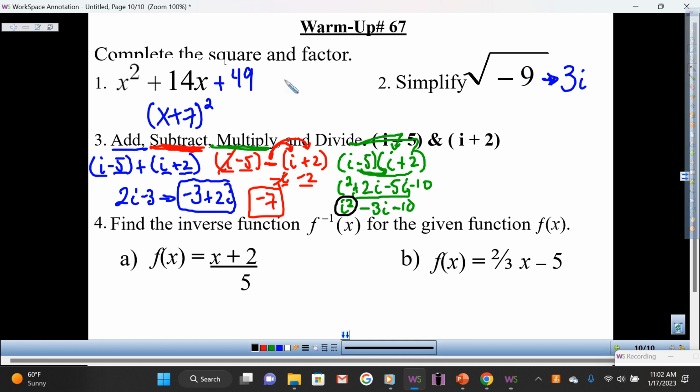Well, let's see. Look up to the screen. We know that i is the same as square root of -1. Is that correct? Yes? So, Frida, if i is the same as square root of -1, what is i squared?